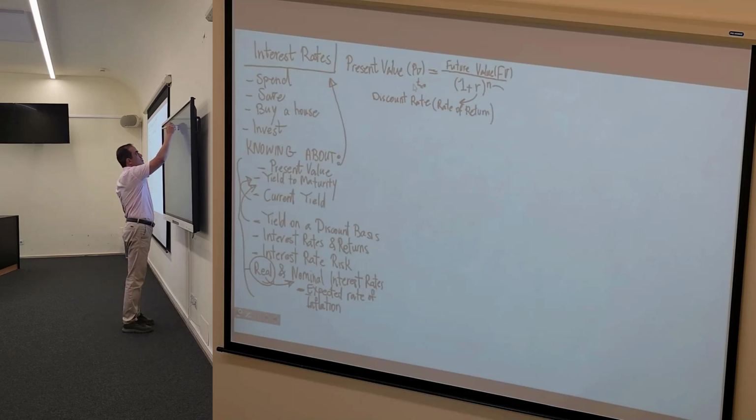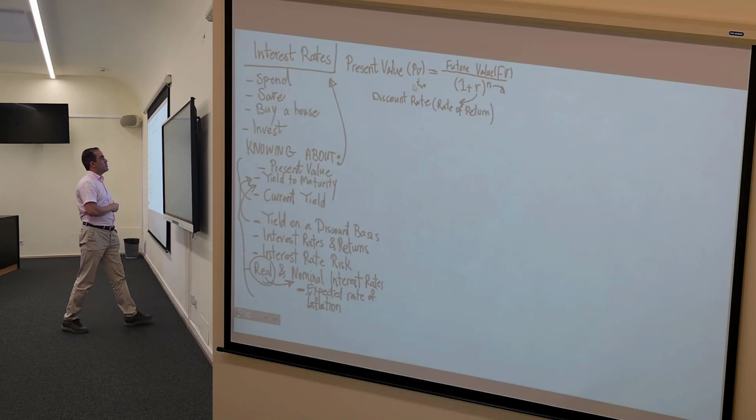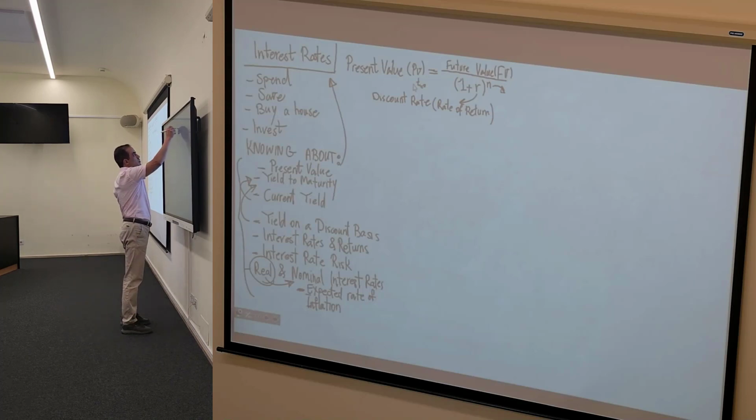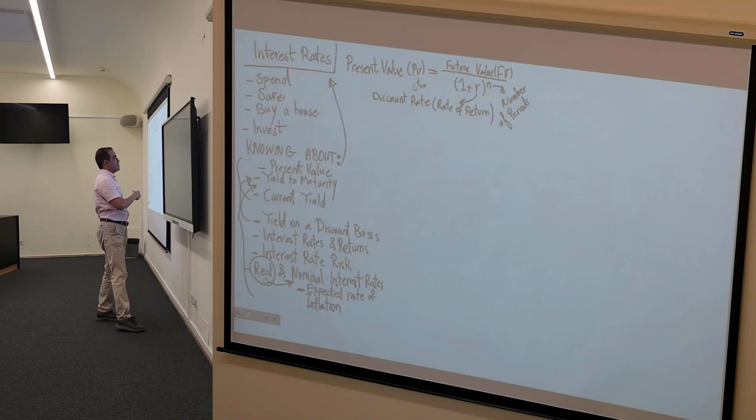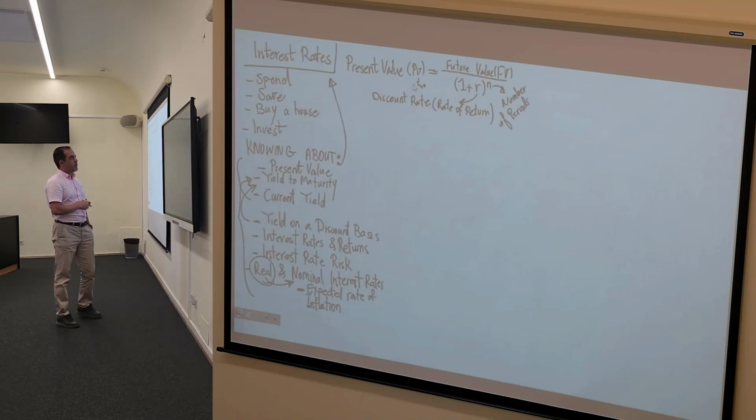And this n is the number of periods. So discount rate, number of periods, and future value must be known to calculate the present value of the asset or the bond.